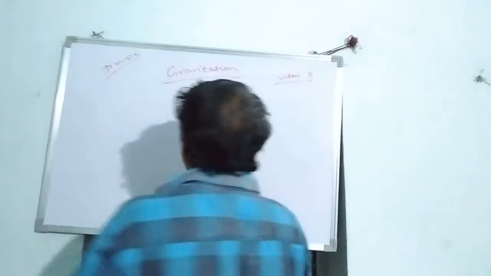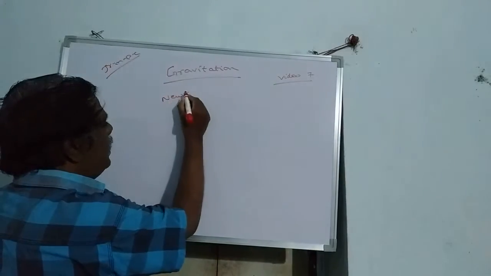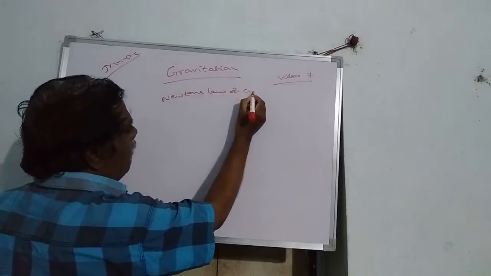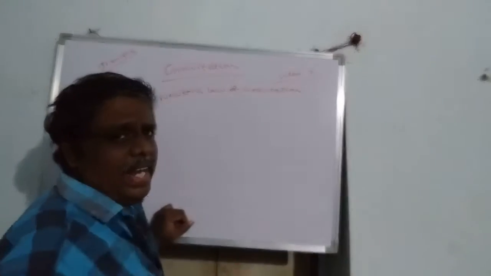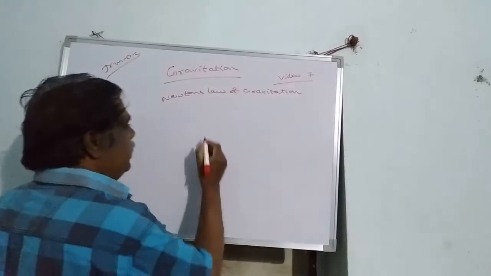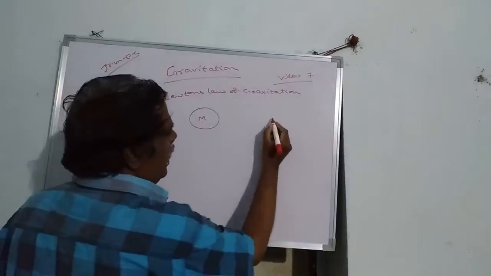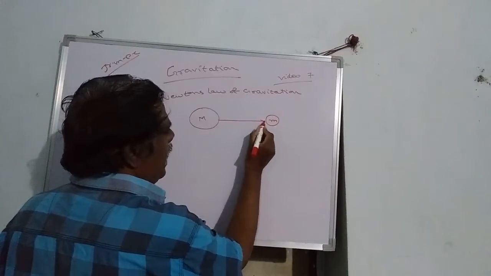Gravitation, according to Newton's law of gravitation, every body in the universe attracts another body. Suppose a planet with mass capital M and another body with mass small m.